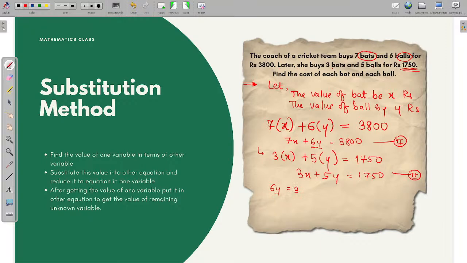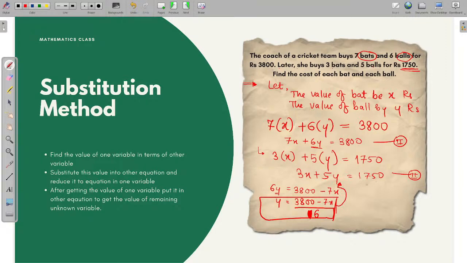I'll write the value of y in terms of x, so it will be 3800 minus 7x, right? So y is equal to 3800 minus 7x by 6. Okay, clear?